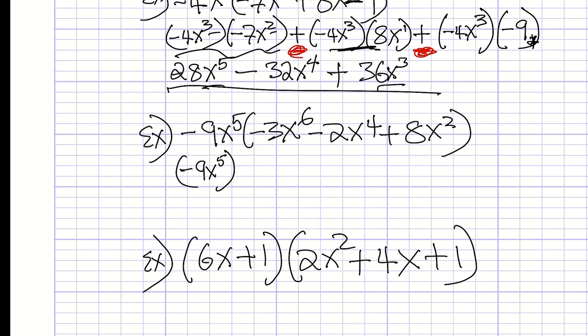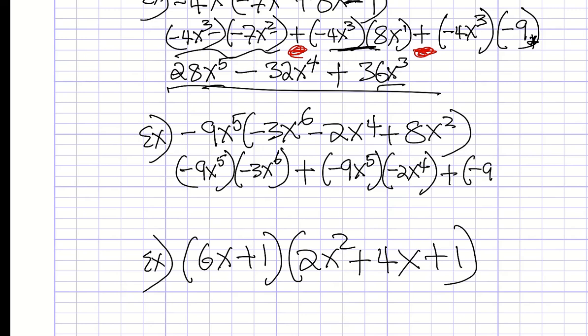Alright, so we'll keep going. We're doing good. Times negative 3 raised to the power 6. Alright, plus negative 9 raised to the power 5 times negative 2 raised to the power 4, plus negative 9 raised to the power 5 times 8 raised to the power 2.